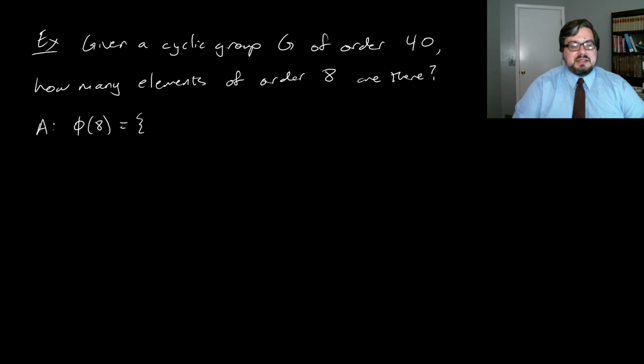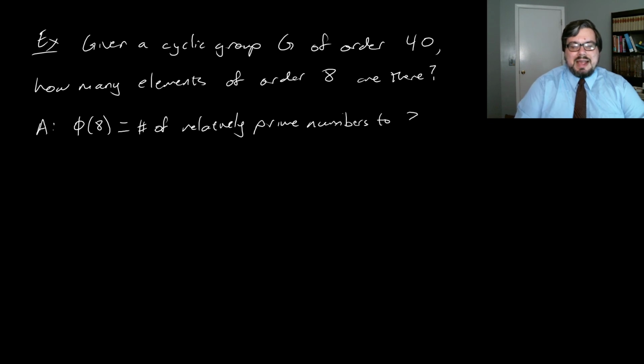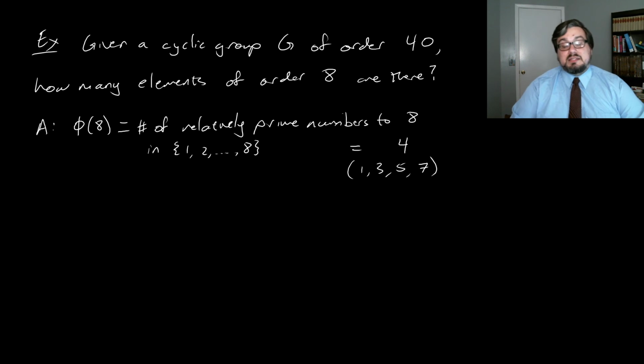And so this is the number of relatively prime numbers to 8 in the set 1 up to 8, which in this case is 4, because the elements 1, 3, 5, and 7 are all relatively prime to 8.